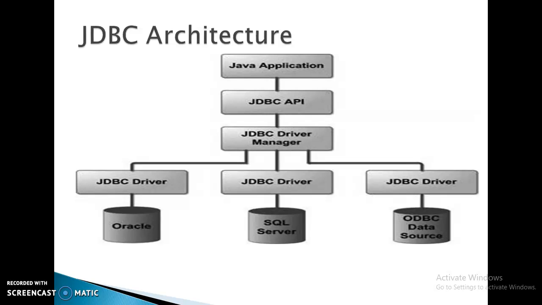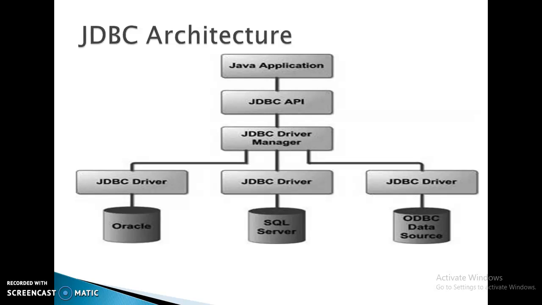Then the JDBC driver manager. Under the API there is a driver manager class actually. This driver manager class gives the facility of drivers. Then the driver is actually connecting to the database. So here it is database specific which type of driver we will utilize.